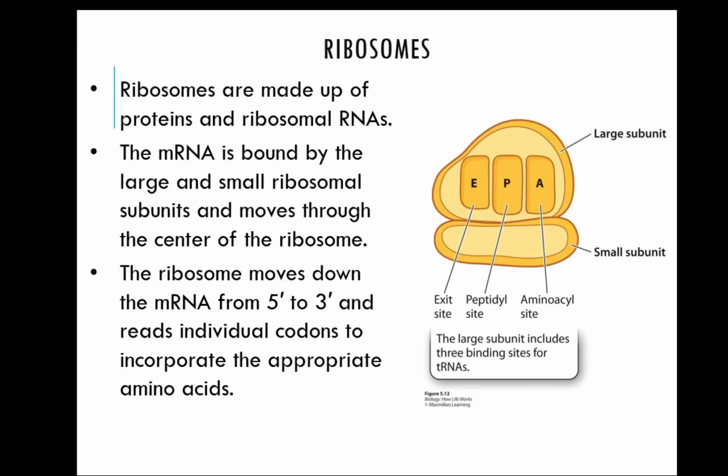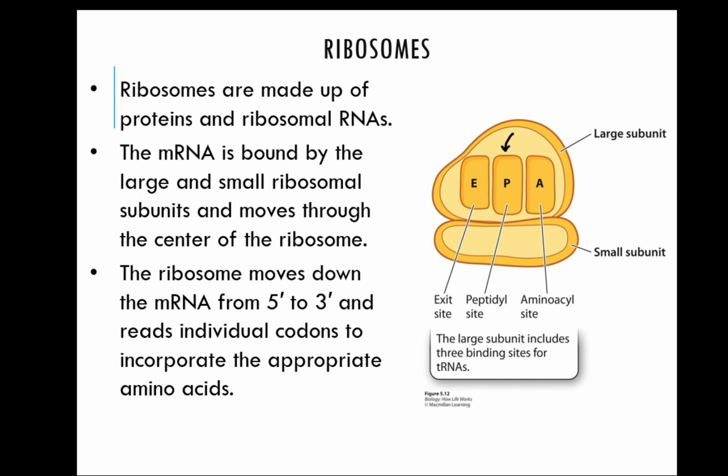So let's take a look at ribosomes. Okay, so none of the pictures really show you the ribosomal RNA. But you cannot put the large and small subunit together without the ribosomal RNA, okay? And it is in what's called the P site.